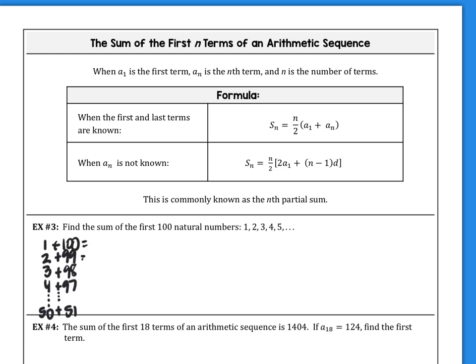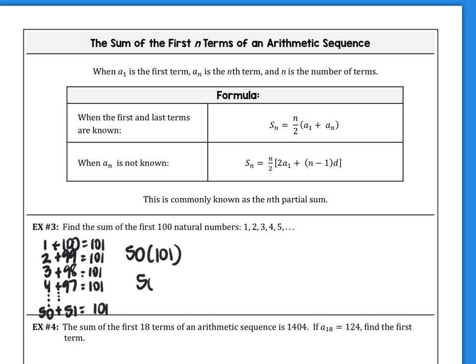If we add the first 100 terms up, this would be 101, this would be 101, this would be 101, this would be 101, this would be 101. And so they realized that all we really had was 50 groups of 101.